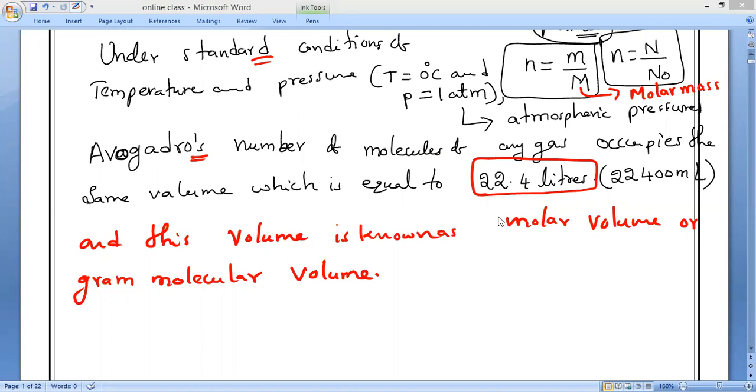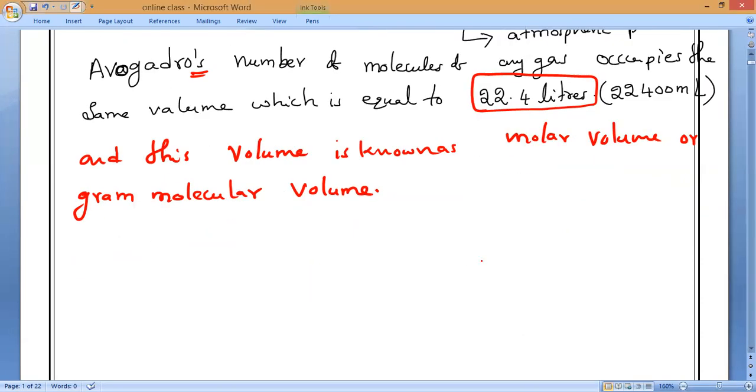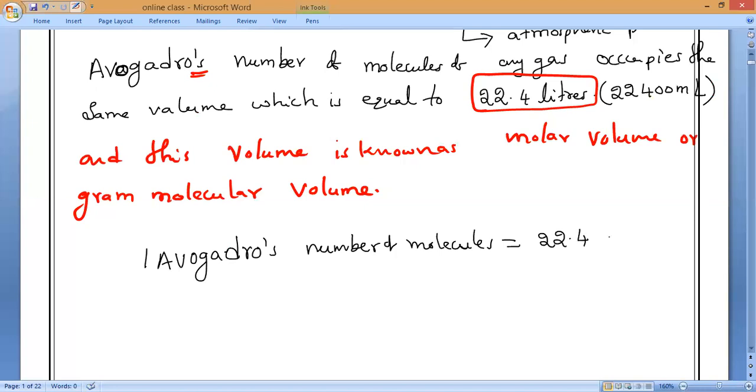What is the volume of a gas of 1 mole of a substance, or Avogadro number of particles? Observe very carefully. Avogadro number of molecules of any substance equals 22.4 liters of volume. So which is equal to how many moles? 1 mole.